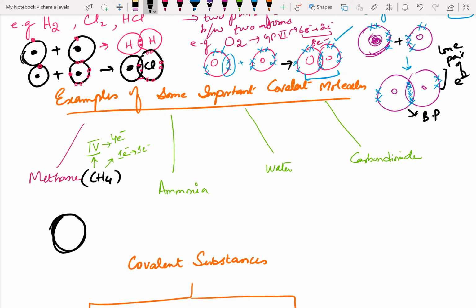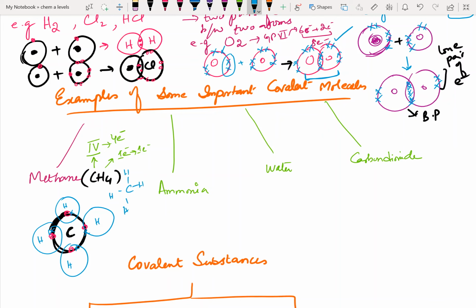It is carbon because it is going to share 4 electrons, so it will come in the center with its 4 electrons, and 4 hydrogens, each completing its duplet with the help of carbon. This is the structure of methane. We also draw it like this.